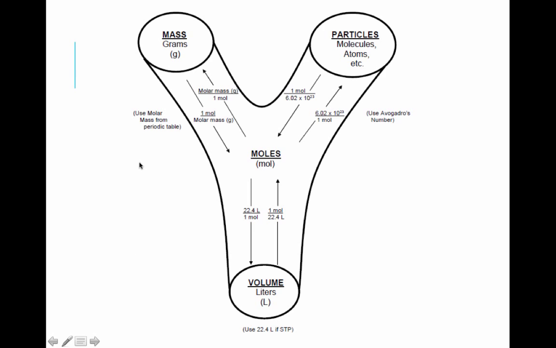So if I look at my mole tunnel, I'm going from moles, I'm starting with 3 moles of aluminum, and I need to get to grams of aluminum. And to do that, I'm going to be using a conversion equality that compares my molar mass to 1 mole. You just said that based on the periodic table, we're going to say 27 grams of aluminum is equal to 1 mole of aluminum.